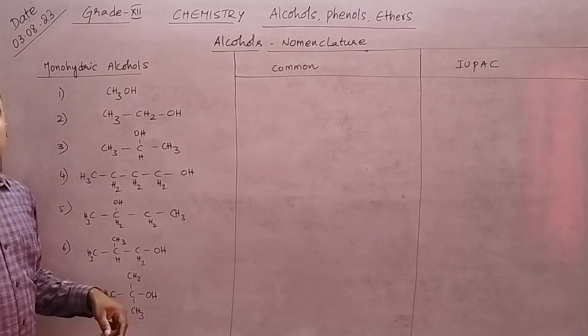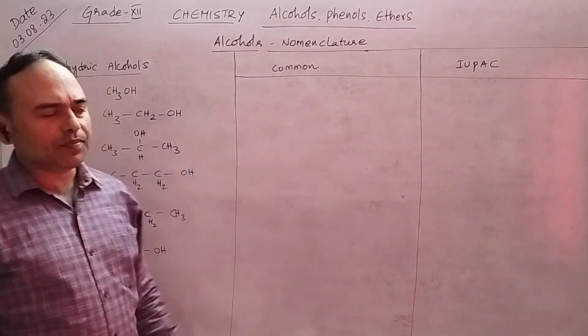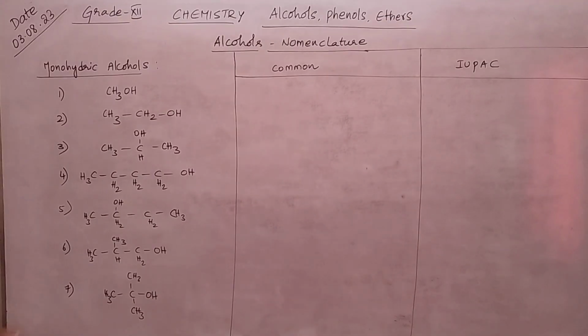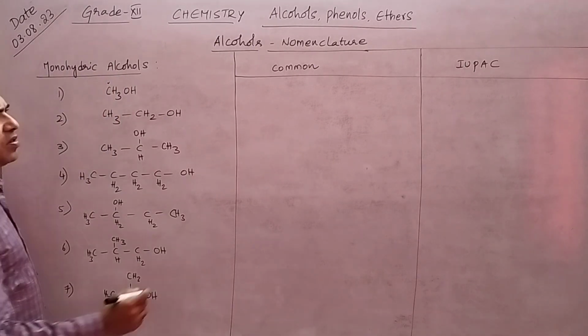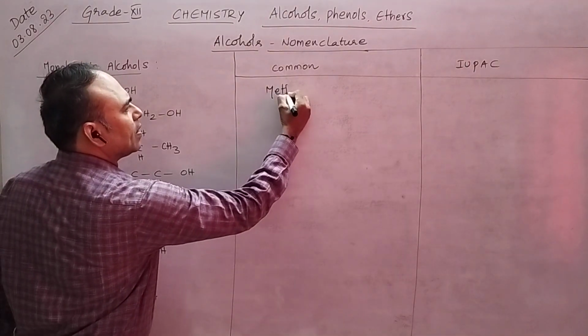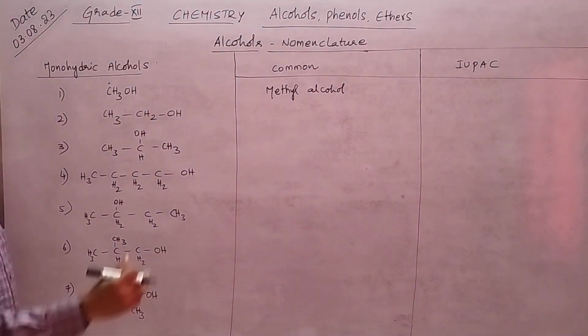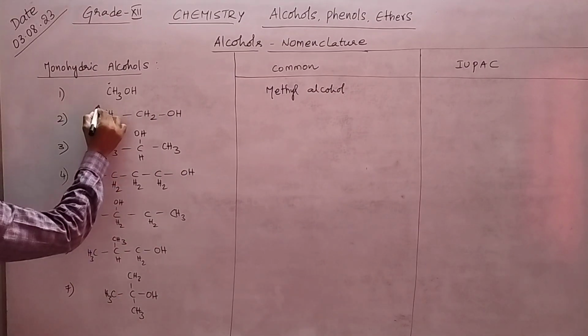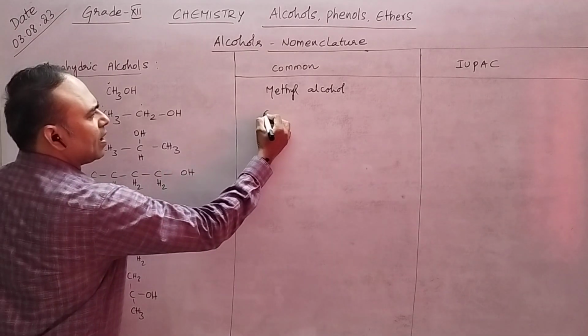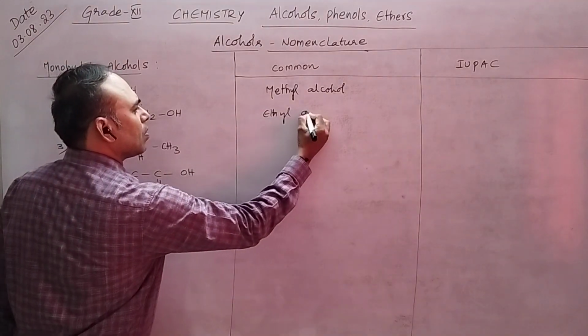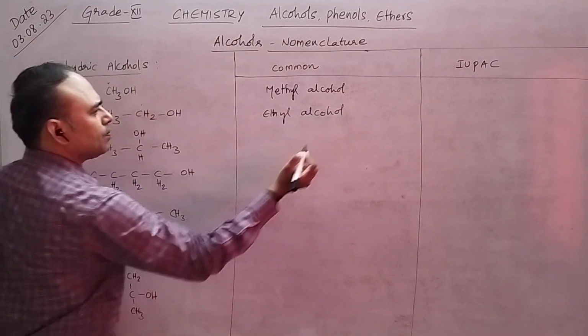Now let us write the common names as well as IUPAC names for these alcohols. First one, see, CH3 group is methyl, so easily you can write it as methyl alcohol. First let us write the common names, then we will go to the IUPAC name. Now C2H5 group is ethyl, so this comes as ethyl alcohol.